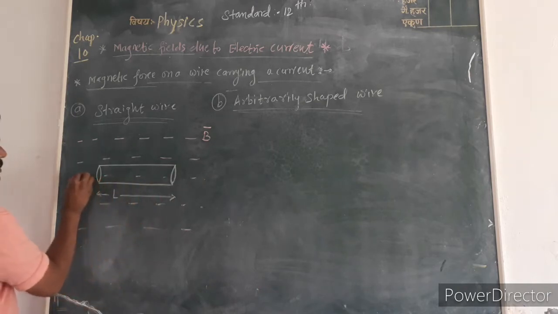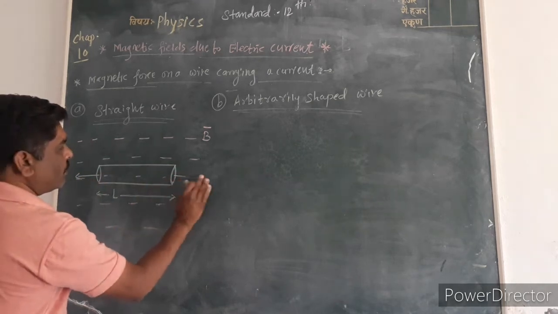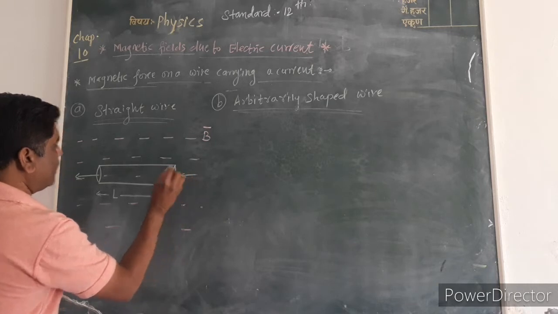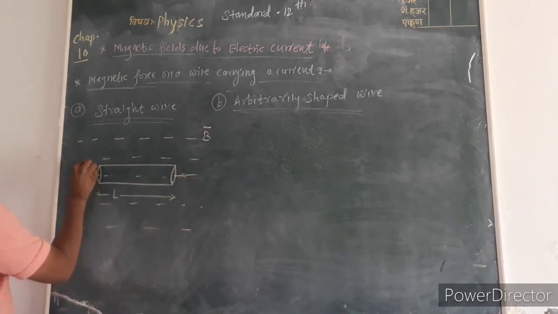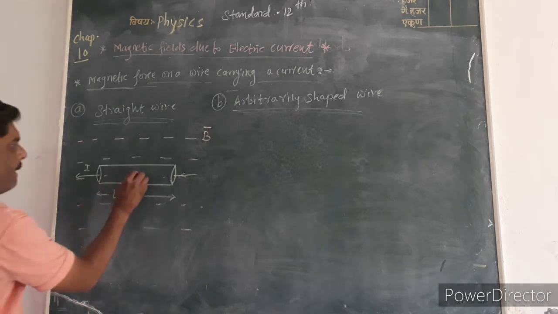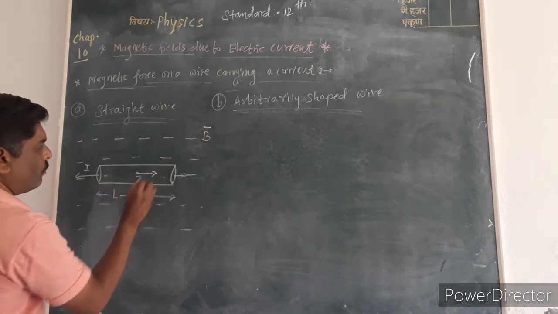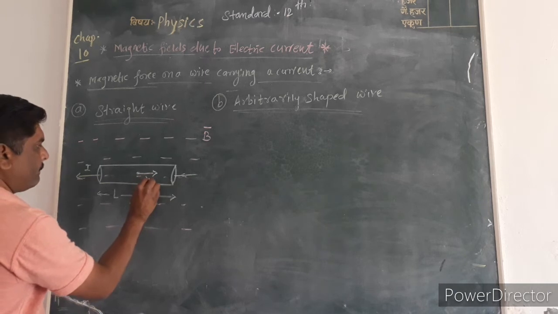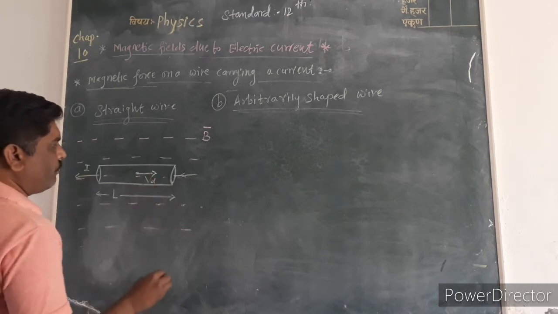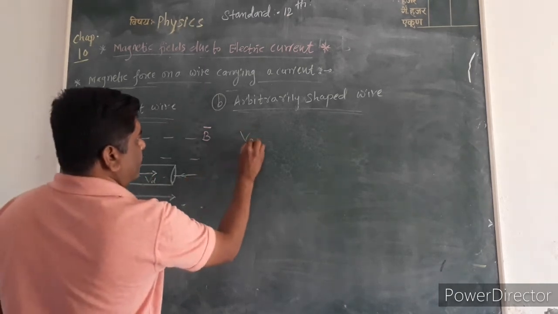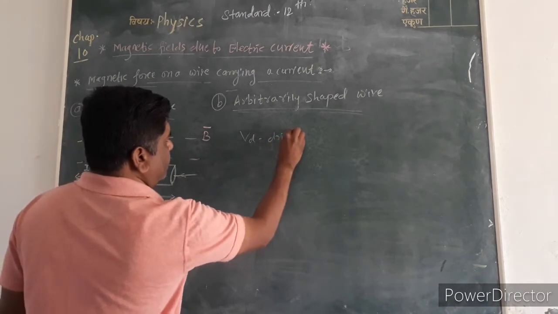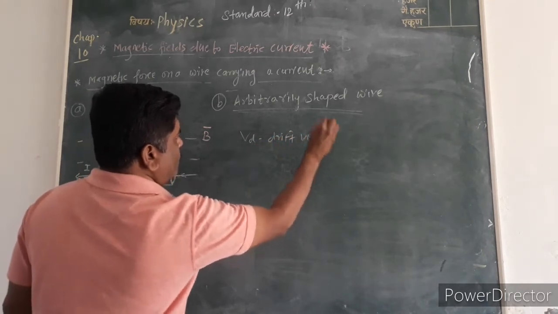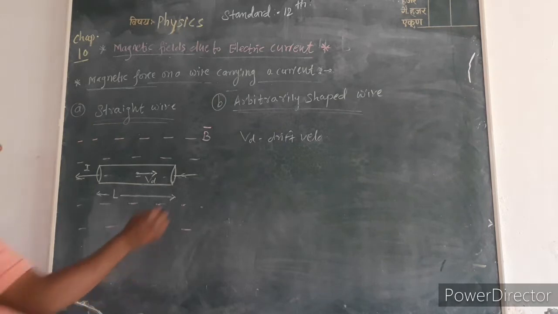Then the current produced in this wire, suppose I is the current passing through this wire, flowing with the drift velocity Vd bar.